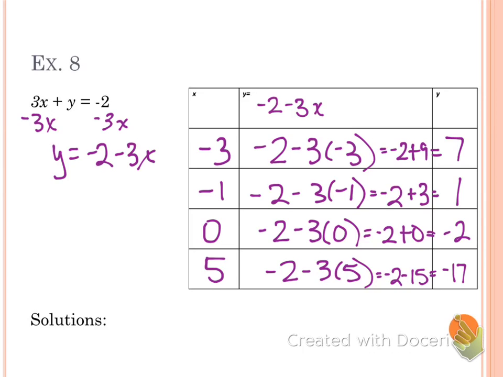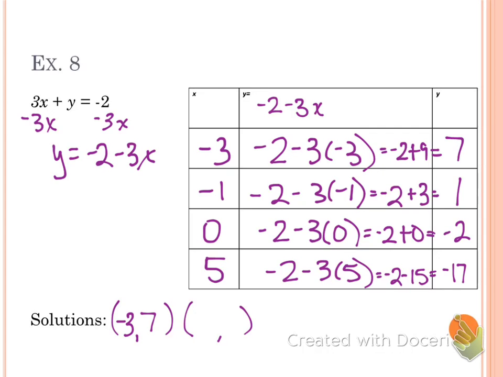The last part of this is that we have to write these as ordered pairs. Do I have any new volunteers to help me out with my ordered pairs? None of these volunteers are new. Delaney. Negative 3 and 7. Negative 3 comma 7 is one of them.